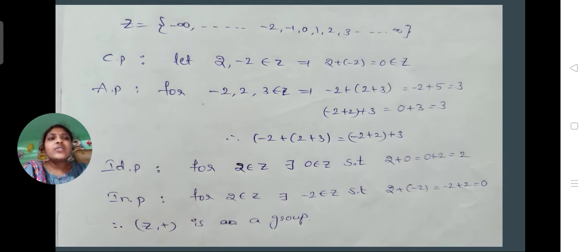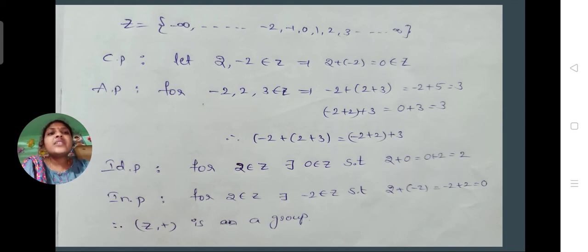Now minus 2, and here the operation is addition. So minus 2 plus (2 plus 3) is equal to minus 2 plus 5, which is 3. So here a star (b star c) is 3.